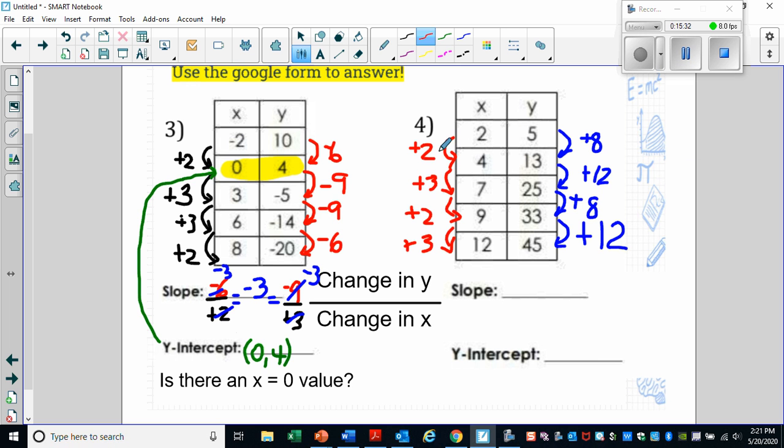Well, now we look at our change in y, which in the first change is 8 over our first change in x, which is 2. So we notice 8 divided by 2, overall change will be 4. Then we need to look at what happened for this second change.